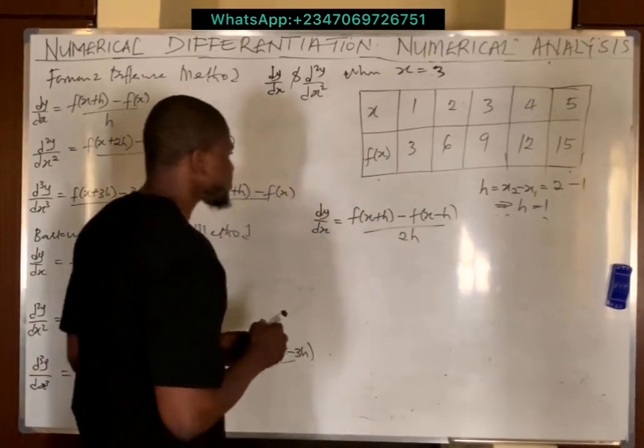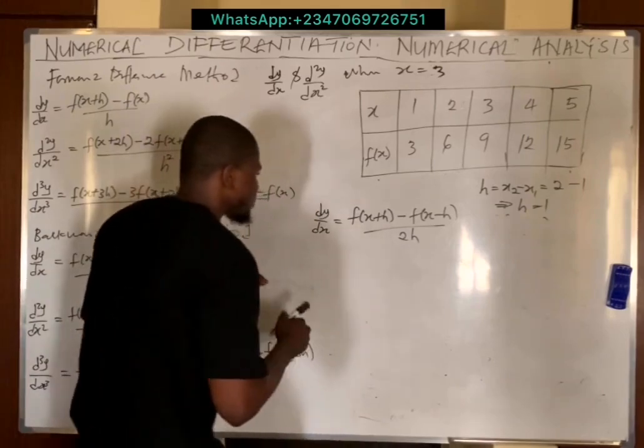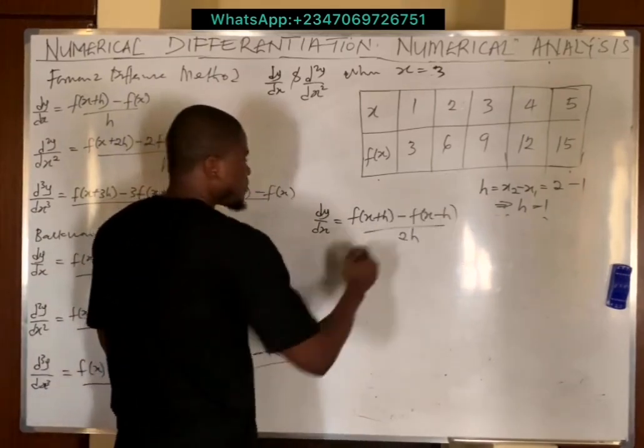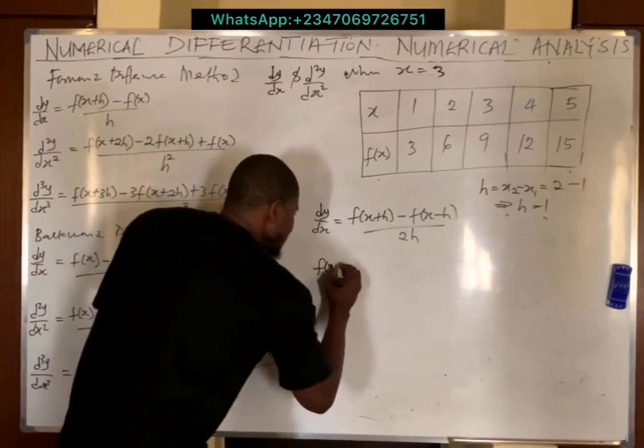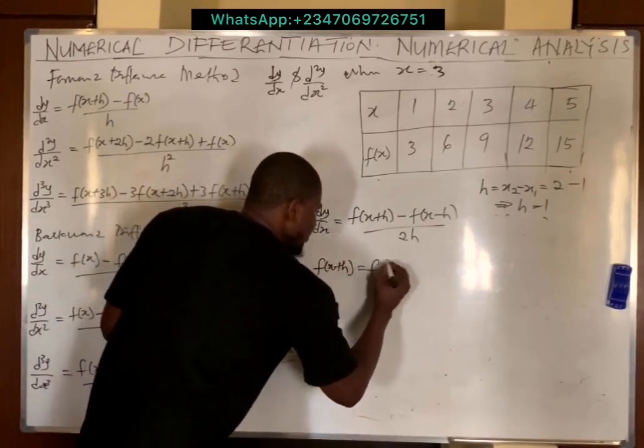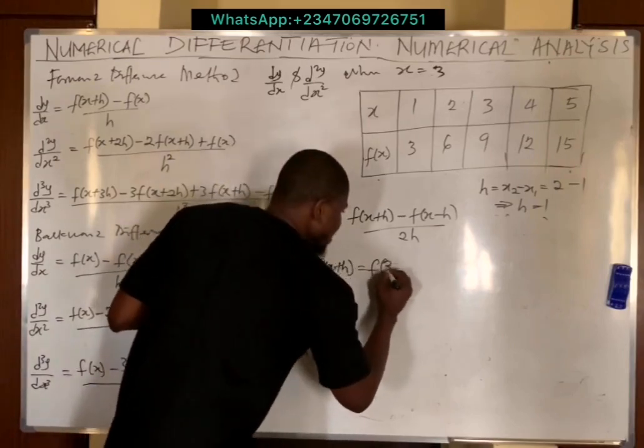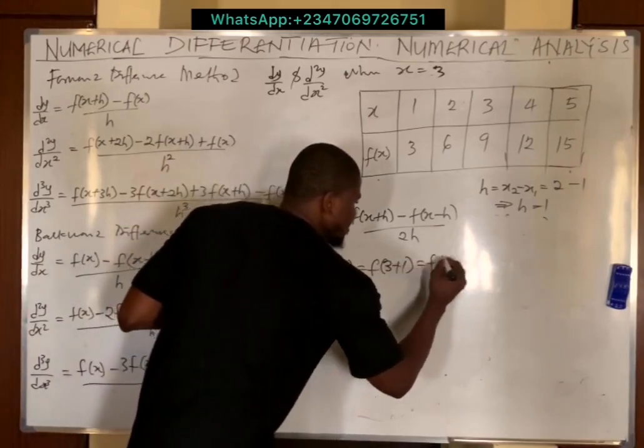Okay, so we simply find f of x plus h. So the interval remains the same, 1. So f of x plus h is equal to f of x, the point of interest, which is 3, plus h, which is 1. That is simply f of 4.